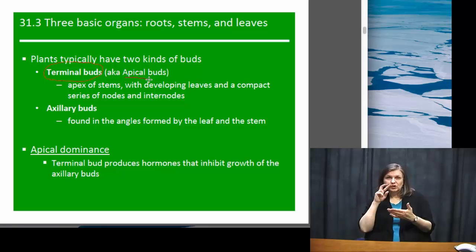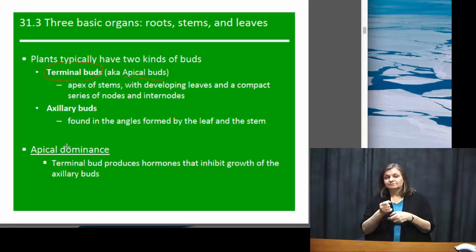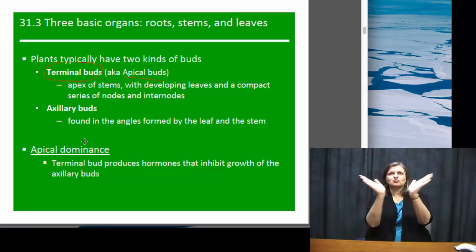When we look at this phrase, apical bud, it is often referred to in plant hormone discussions later on as apical dominance. Apical dominance is what makes your Christmas trees around the holidays be triangles. Apical dominance wants that tree to get taller. It doesn't want it to be wide at the top.